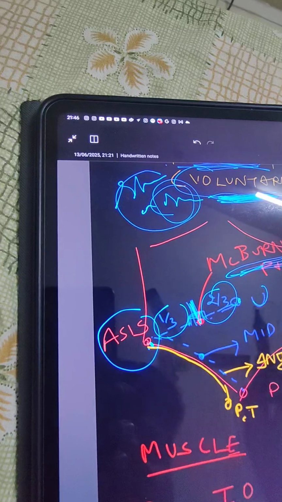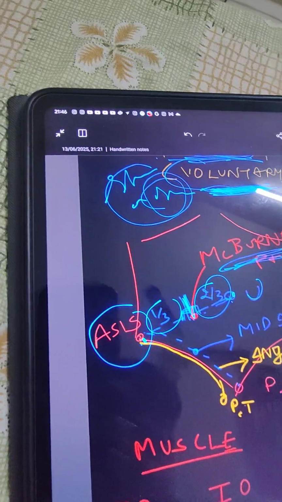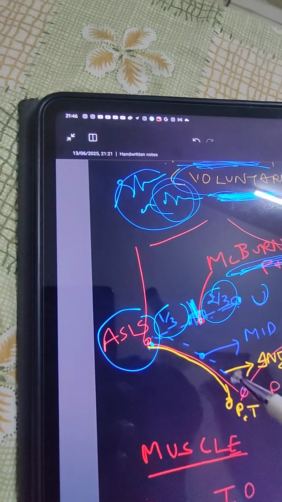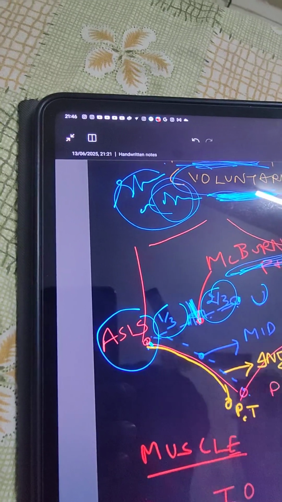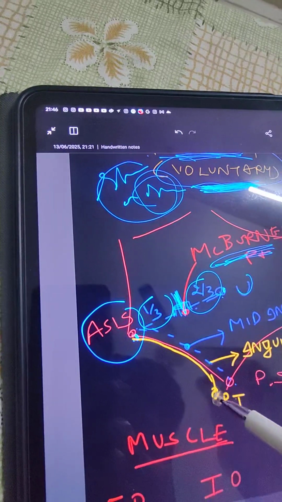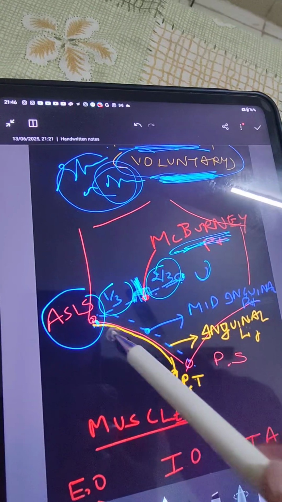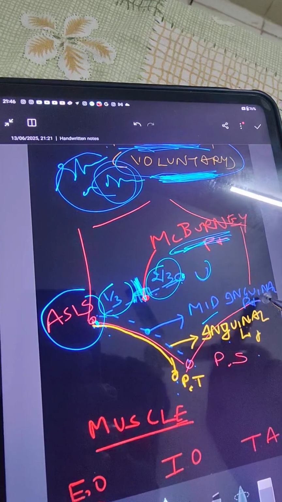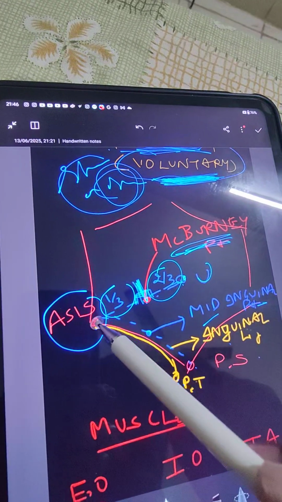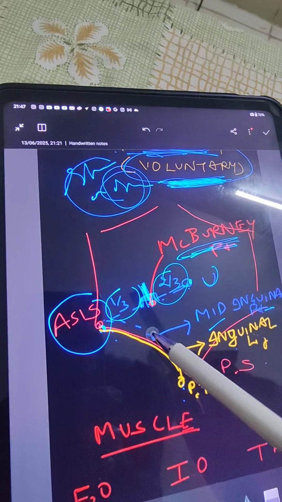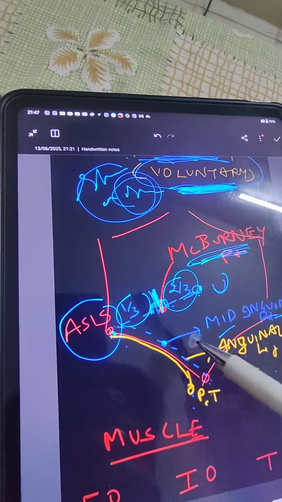The inguinal ligament is attached from the ASIS to which point? The pubic tubercle. That is the attachment of the inguinal ligament. The mid-inguinal point is between the ASIS and the pubic symphysis.